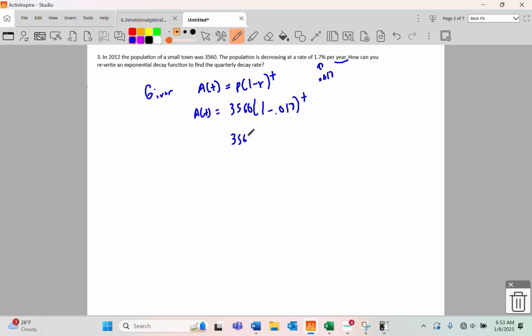So we do a little math on the inside and we get 0.983 to the t. Now this is in years, but I want the quarterly decay rate. So since I want quarterly, I'm just going to introduce a /4.